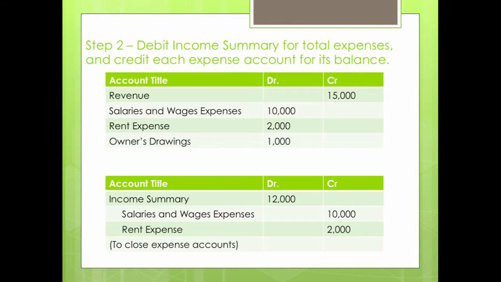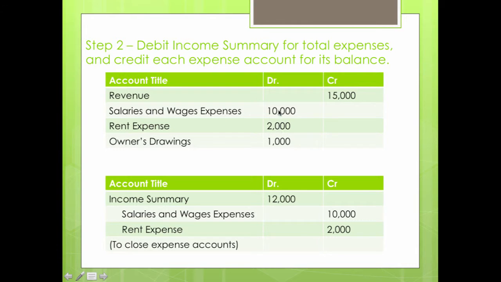Step 2 says debit income summary for total expenses and credit each expense account for its balance. Debit income summary for total expenses. Okay, so what are our total expenses? We are given 2 expenses here: salaries and wages expense and rent expense.